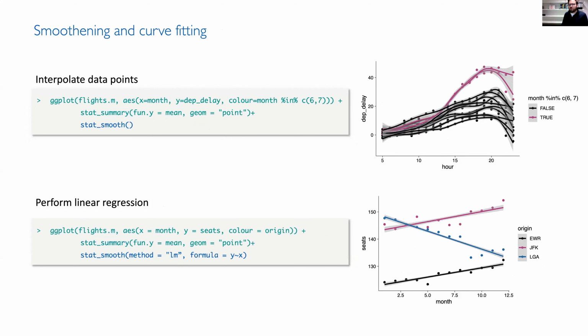Yeah, we can do even more fancy things. We can do interpolation. On the right and the left-hand side here, I just have the same plot as before. We have the month... wait, okay, here's a little error. The hour on the x-axis.